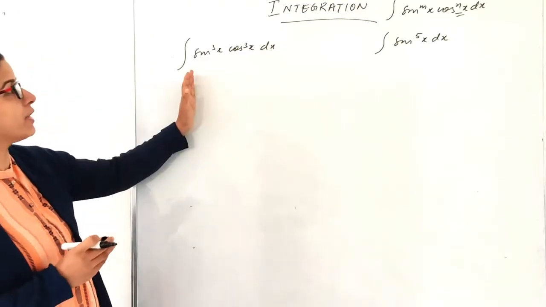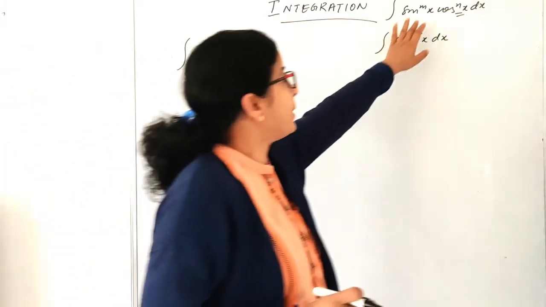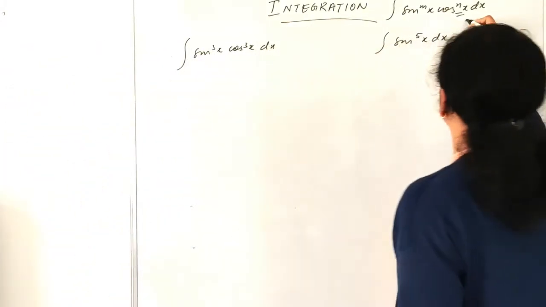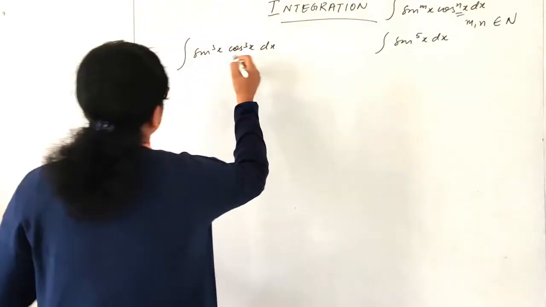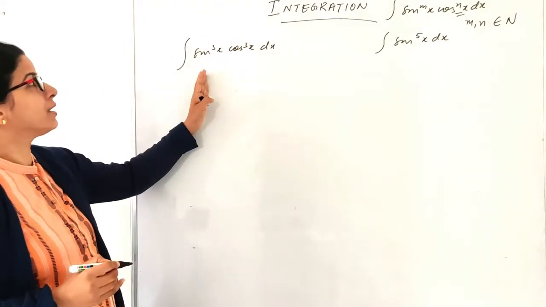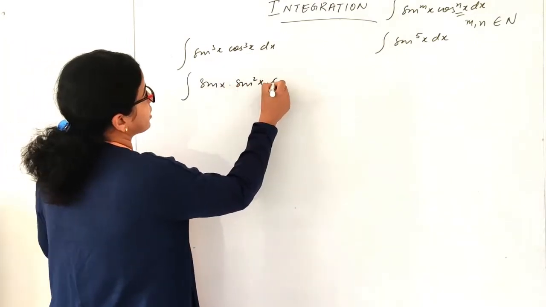So now let us check when both m and n are odd. One more thing: these m and n belong to natural numbers. So we can let either sine or cos as t. Let us rearrange our integration part.